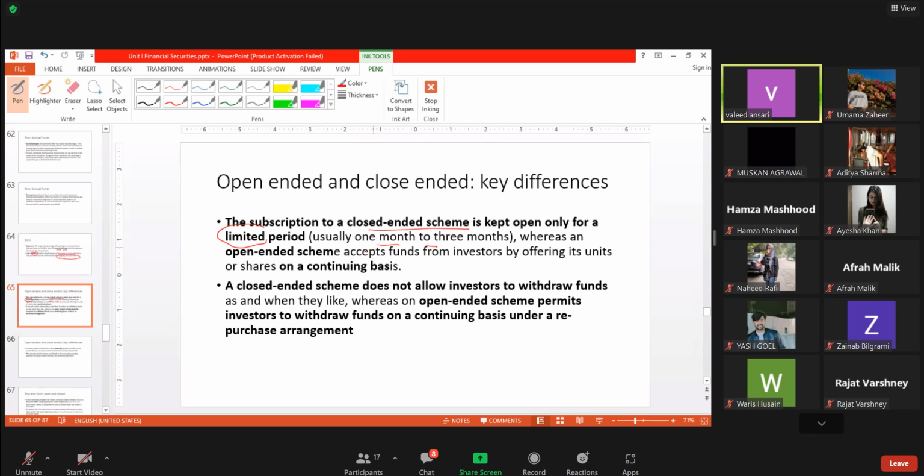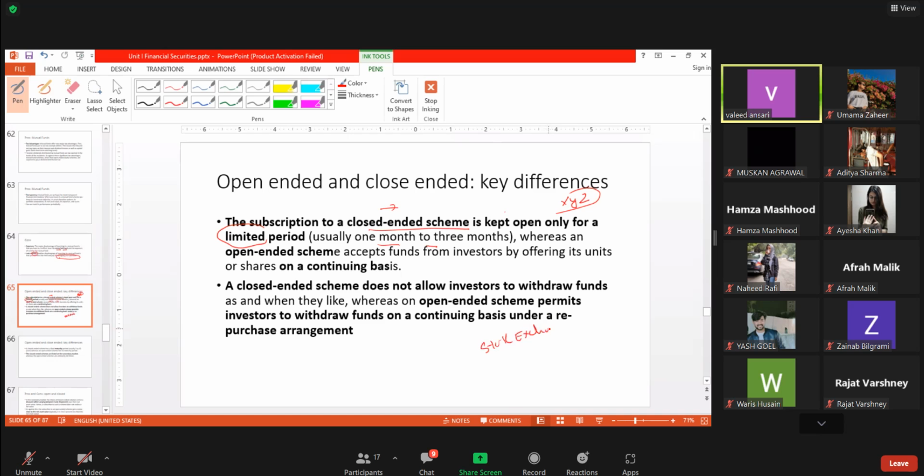For a mutual fund, say XYZ mutual fund, the units are continuously offered and redeemed. There is no fixed corpus that they will come with for a particular period. One can buy, and one can offload, selling to the issuing mutual fund. Whereas for closed-ended, the subscription is open for a period, and if they want to dispose of, they can dispose of only on a stock exchange.